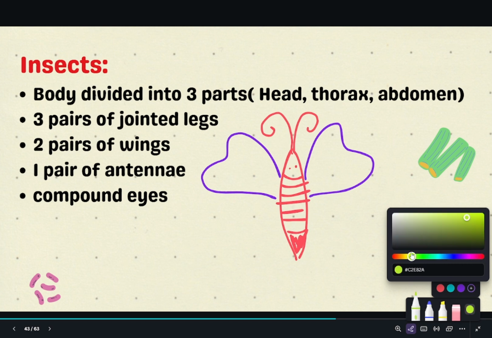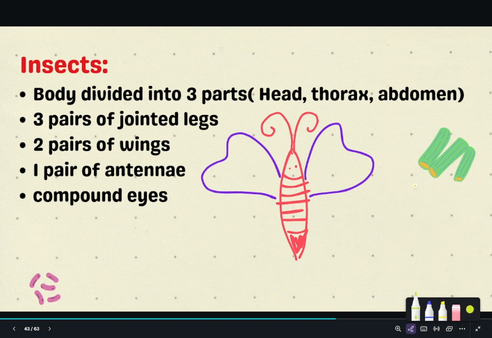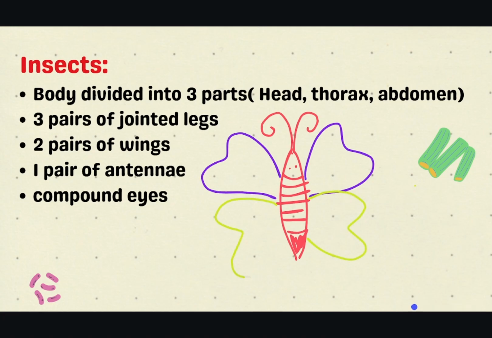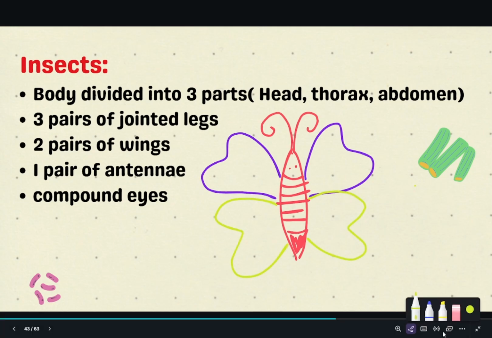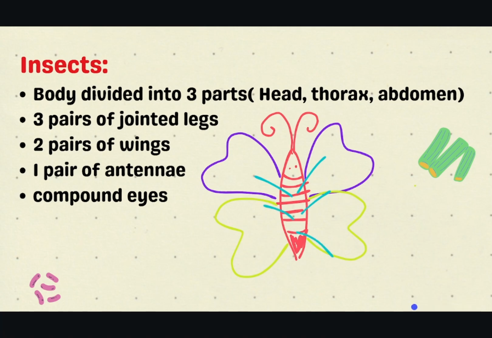All right. So here. So we have two pairs of wings. We have a pair of antenna, and they have three pairs of jointed legs. So this is the first pair, second, and a third.